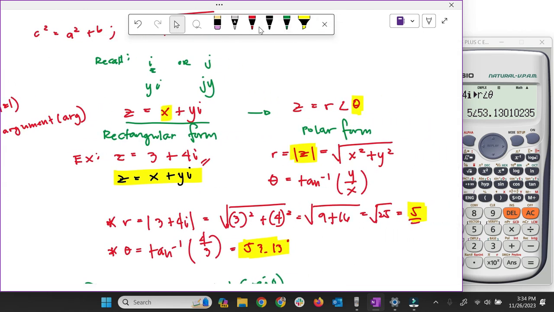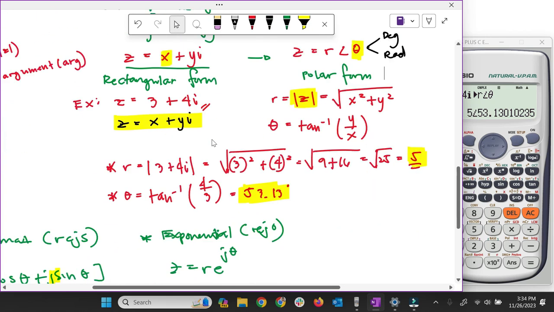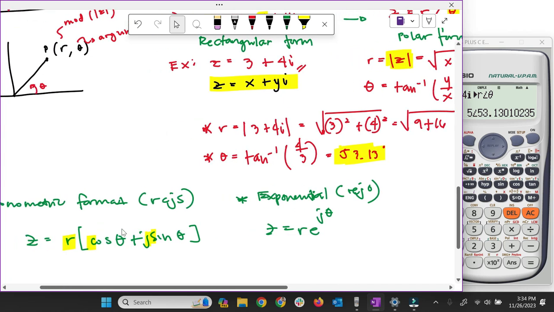Let's proceed to the polar form. Kapag polar form, yung theta natin dito, it can either follow degree or rad. Again, it depends on the given value. Kapag trigonometric, it's also either degree or rad, depende sa given values.